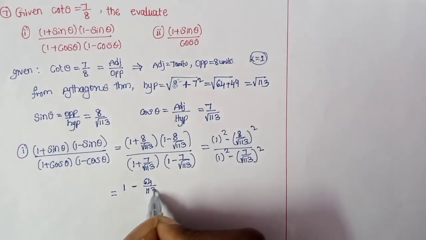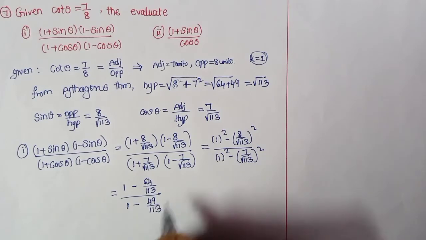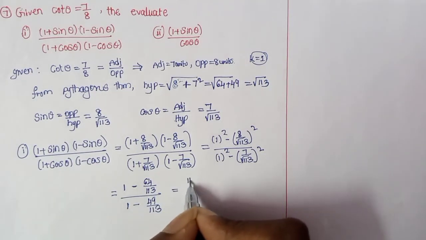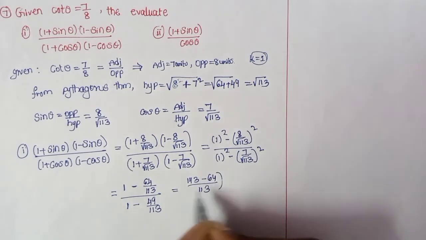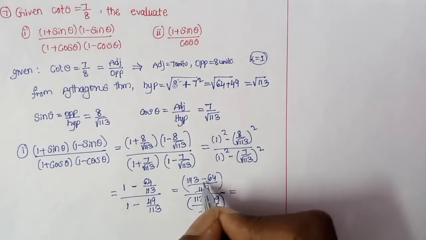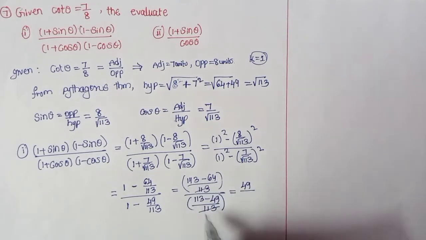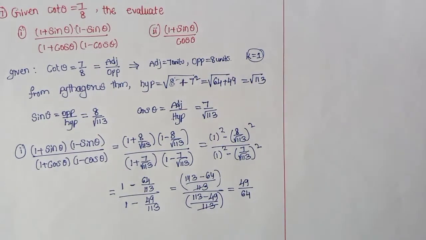You will get 113 here, and similarly here 1 minus 49 divided by 113. So it is 113 minus 64 divided by 113, and in the denominator also 113 minus 49 divided by 113. 113 gets cancelled. 113 minus 64 is 49, and 113 minus 49 is 64. This is the first answer.